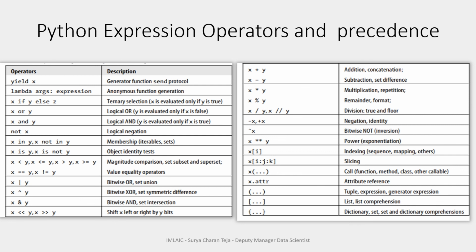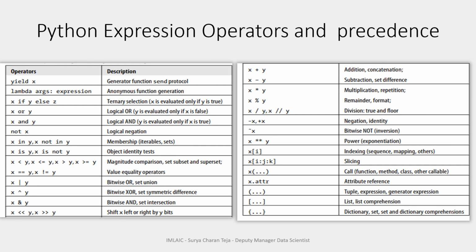Okay, so these are arithmetic operators, and similarly we have modulus or remainder, format, and we have division, true and floor. The second one is floor, which we have discussed, and we have negation, identity, and exponentiation. The most important thing you should note down here is x of i. This is called indexing, and x of i through k is called slicing.